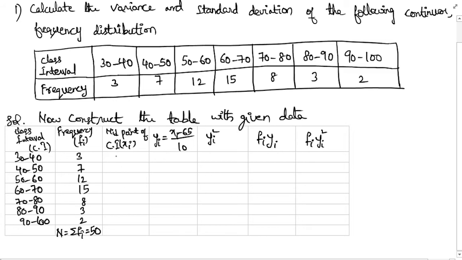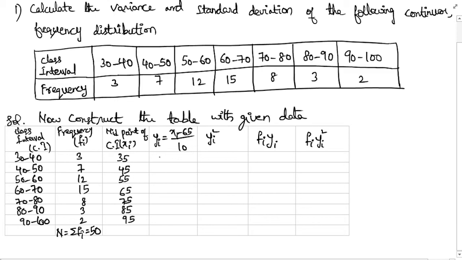Then the midpoint of Ci: from 30 to 40, the midpoint is 35, and the rest are 45, 55, 65, 75, 85 and 95. Then Yi is equal to (Xi minus 65) by 10.